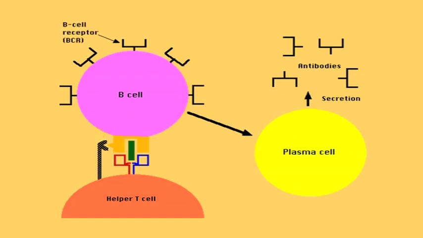Once a B cell encounters its cognate or specific antigen and receives additional signals from a helper T cell, it further differentiates into an effector cell known as a plasma cell. Plasma cells secrete antibodies. These antibodies bind to antigens, making them easier targets for phagocytes and trigger the complement cascade.